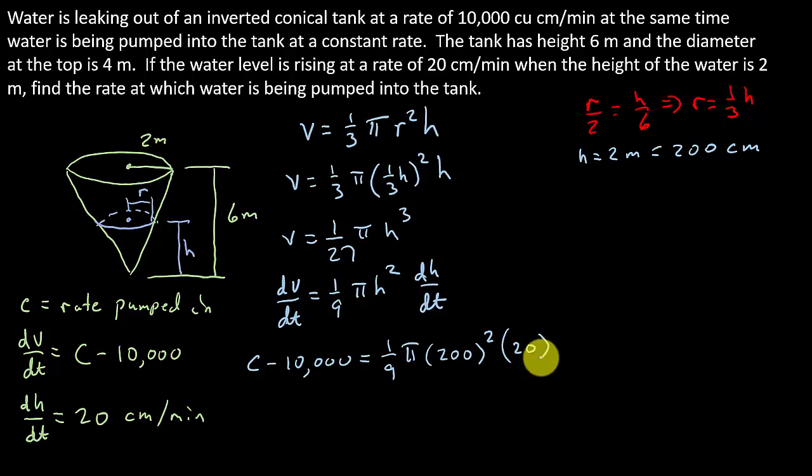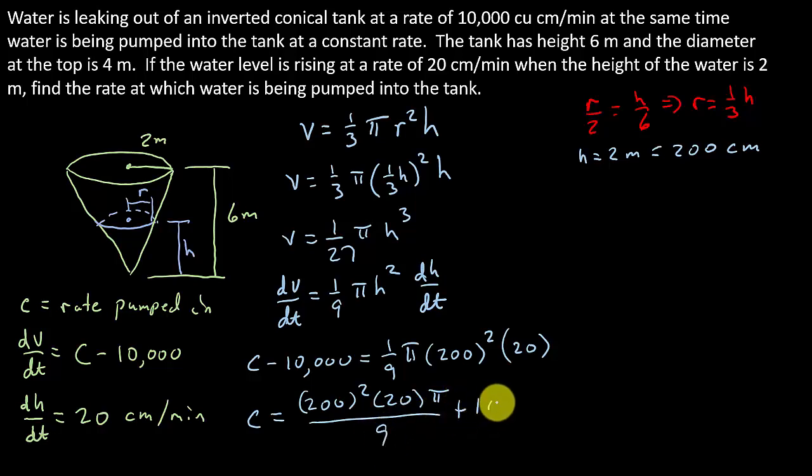Solving this, I'm going to get C is equal to 200 squared times 20 pi over 9 plus 10,000.